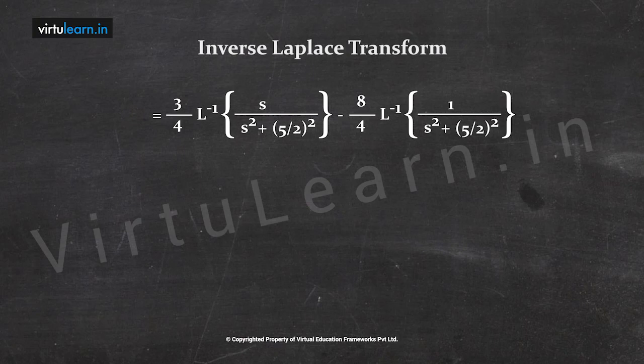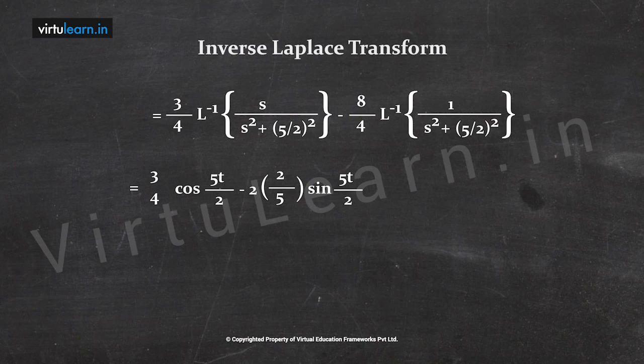Observe this one. The first part is in the form s by (s square plus a square), and the second part is 1 by (s square plus a square). Then according to basic formulas, 3 by 4 cos (5t by 2), minus 2, since 8 by 4 is 2, into sin (5t by 2) divided by a, and a is 5 by 2, so that is 2 by 5.